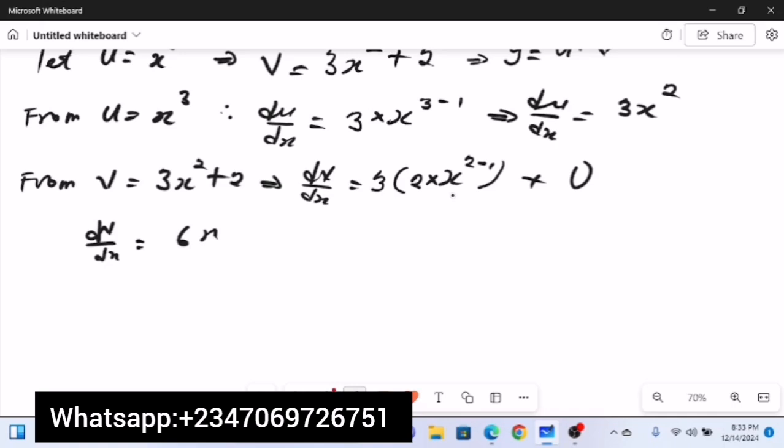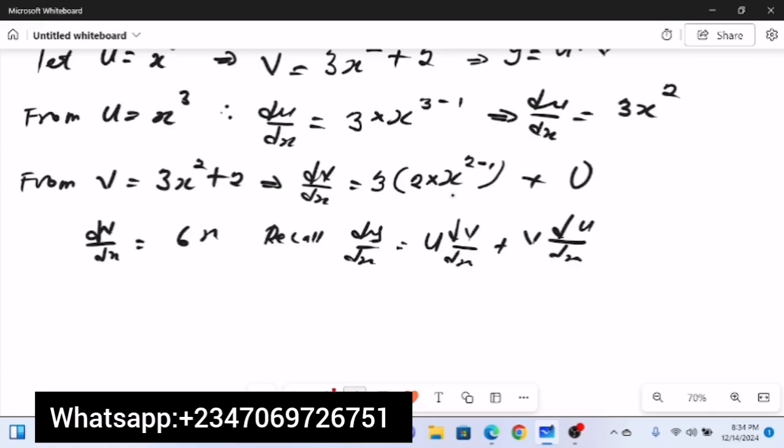Now having found dv dx and du dx, you recall that from product rule, dy over dx is equal to what? Remember, keep u constant, differentiate v with respect to x, plus now you keep v constant, differentiate u with respect to x, which we have done.